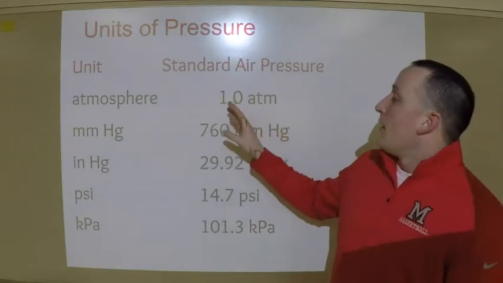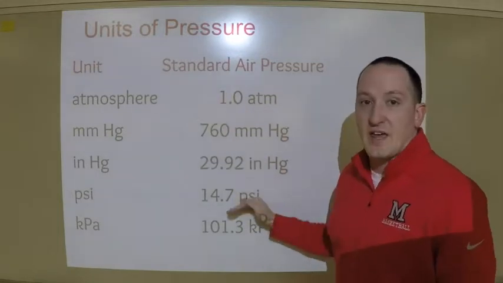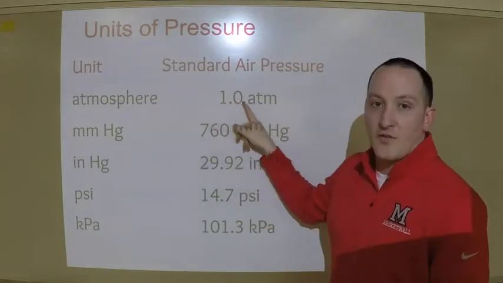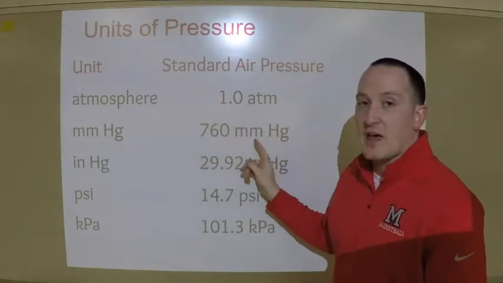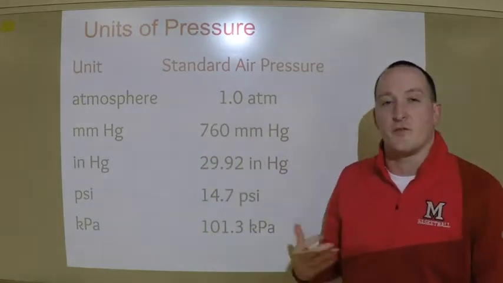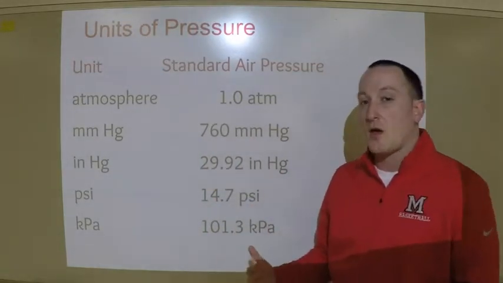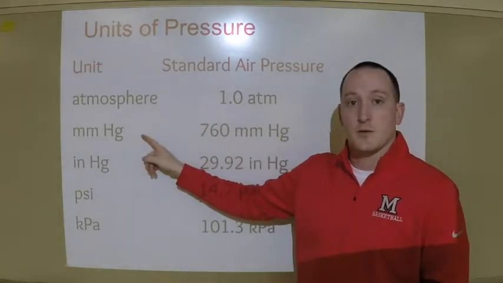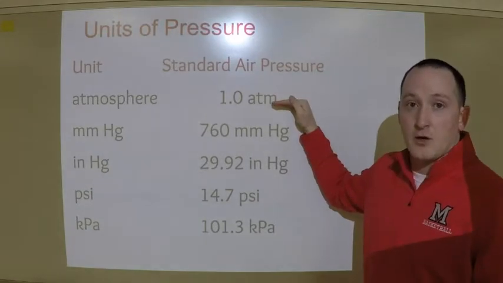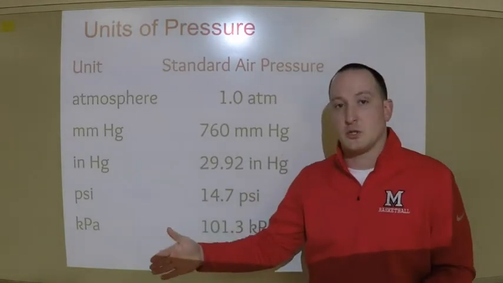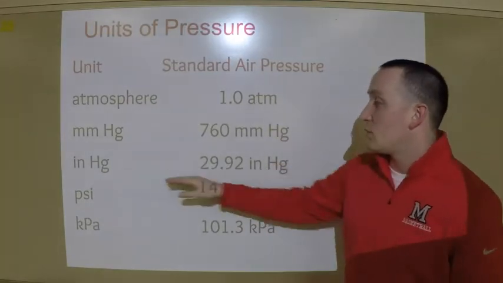Now, here, all of these things are equivalent to each other. So let me explain that a little bit. 1 atmosphere of air pressure is the same thing as 760 millimeters of mercury. So in other words, remember how we worked with conversion factors and stuff like that? We could write a conversion factor for atmospheres to millimeters of mercury. Okay? 1 atmosphere is equal to 760 millimeters of mercury. They are equivalent to each other. All right? Then the next one would be inches of mercury.